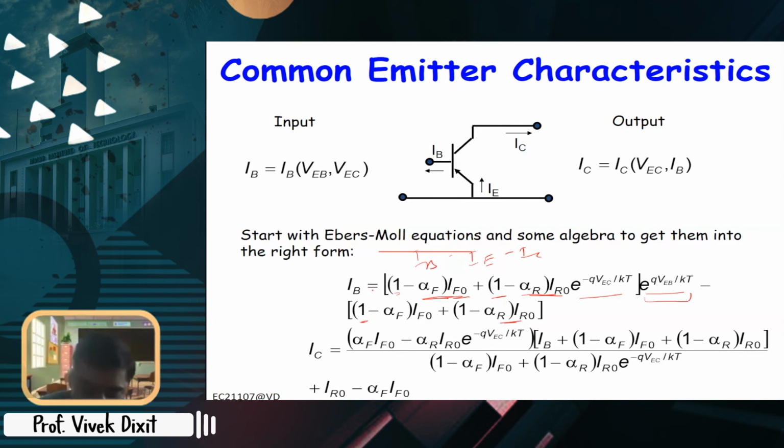So basically it's a subtraction of these two terms, IE minus IC, where VBC is written as VBE minus VEC.